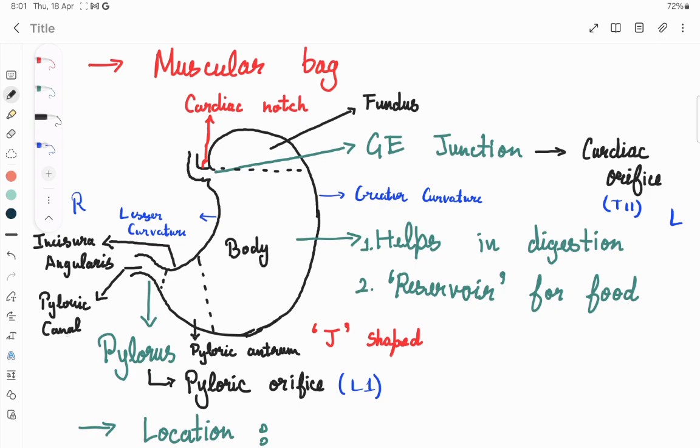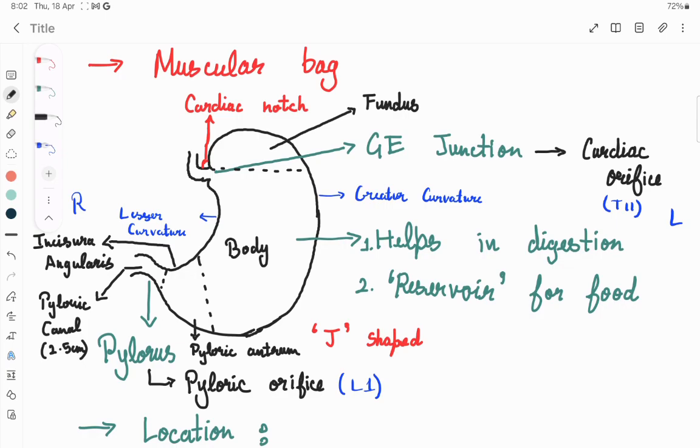This pyloric canal is 2.5 centimeter long, and it connects the stomach to the duodenum. The body is the main part of the stomach. It helps in digestion. It has all the major glands.